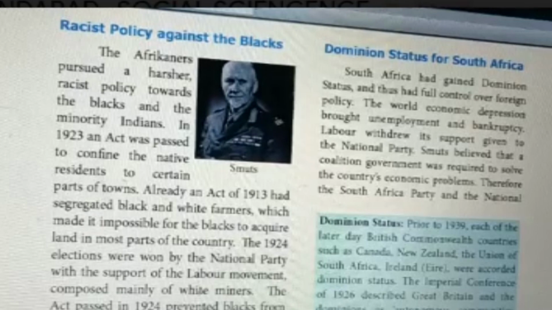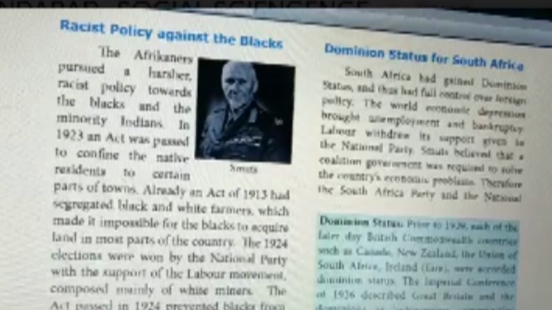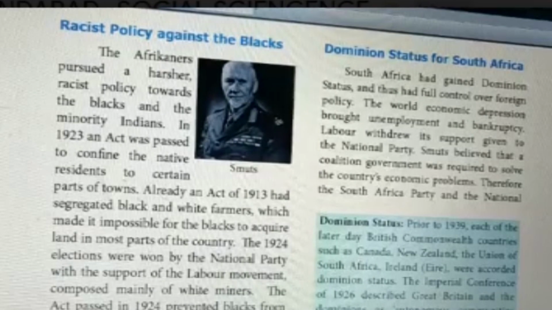But this act proved that white farmers can stay inside the country, whereas black farmers are thrown out of the country. They could not find even a small piece of land inside the country.